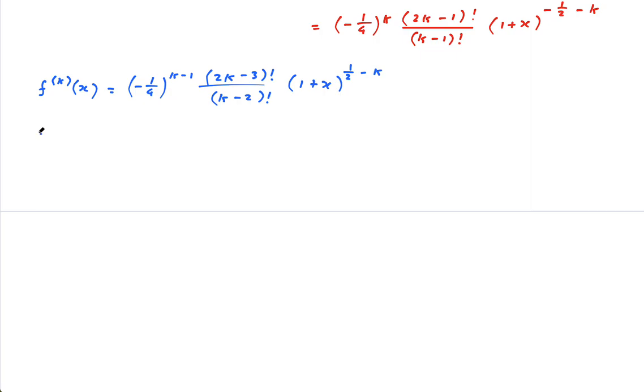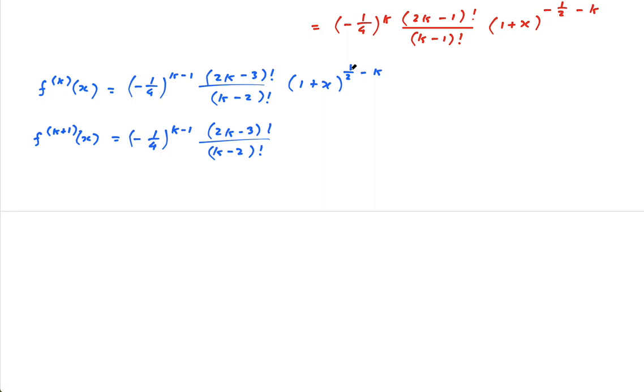So the next derivative, the k plus 1th derivative, is equal to, so these are all just constants, guys, minus a quarter, or they behave like constants, k minus 1, 2k minus 3 factorial over k minus 2 factorial. So when I'm differentiating, I'm just worried about this 1 plus x thing.